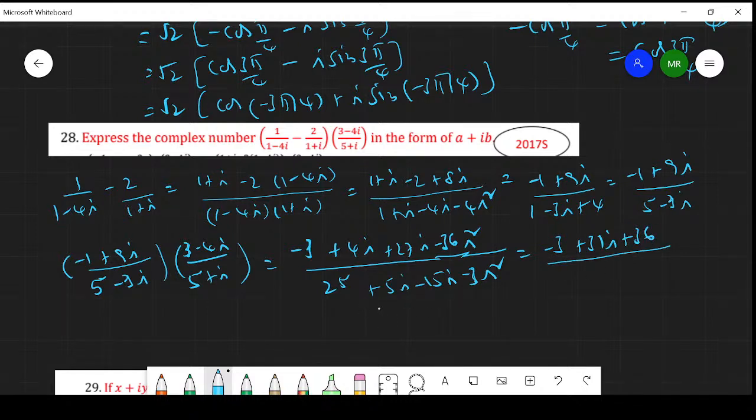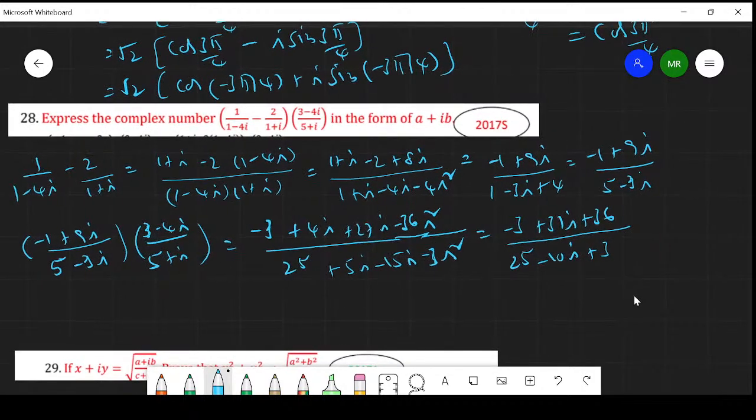In the denominator you can see 5i minus 15i is minus 10i, and 3 minus 3i square is plus 3. Correct. So this will become 28. Check this one. Again simplify. This will become 33 plus 31i by 28 minus 10i.